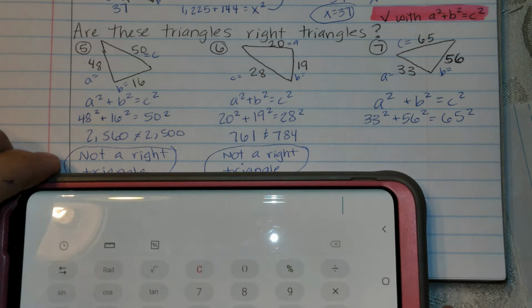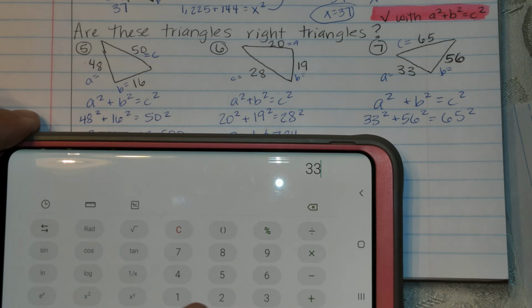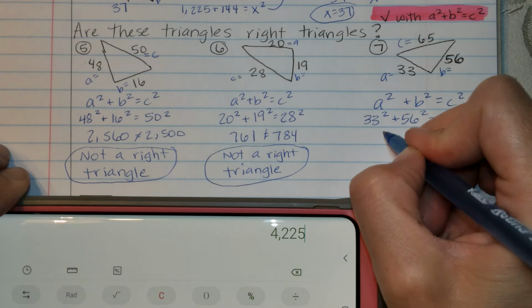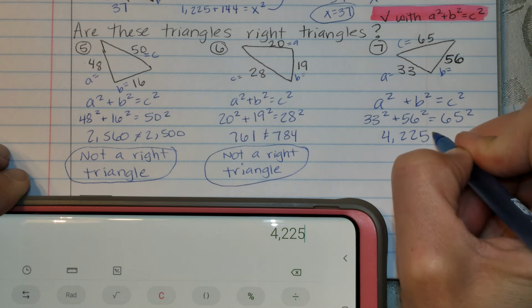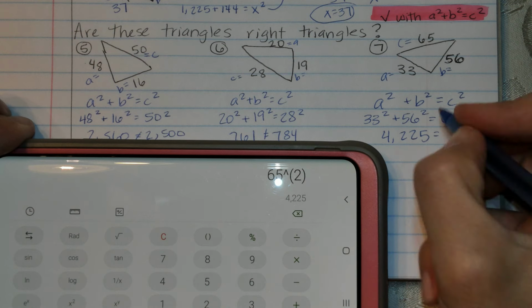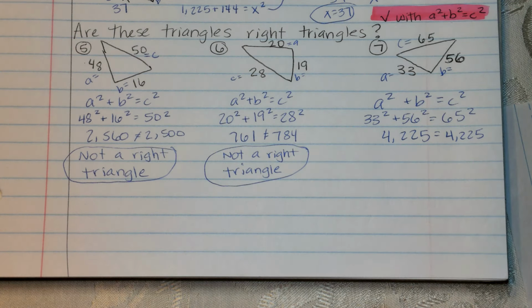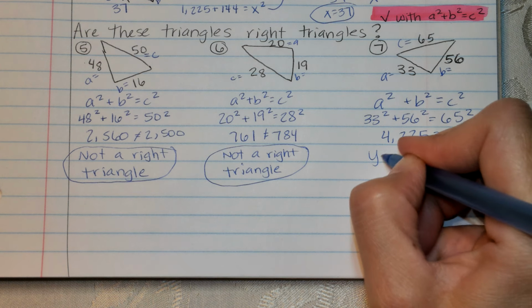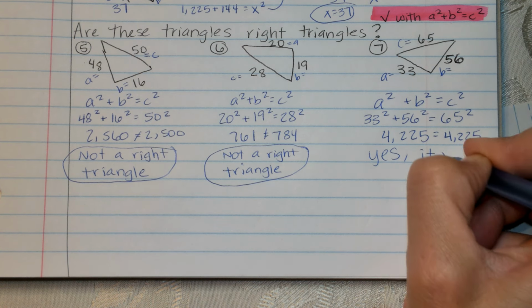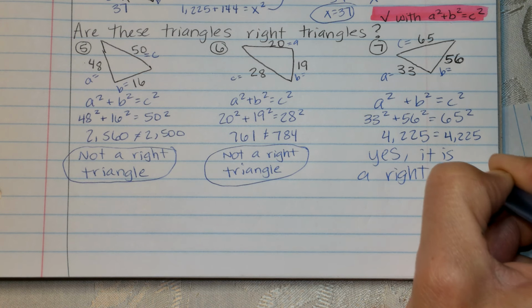Go to the calculator. 33 squared plus 56 squared is 4,225. I'm checking to see, does that equal 65 squared? That one does work out. So now you can see those are equal. So this one is yes. It is a right triangle.